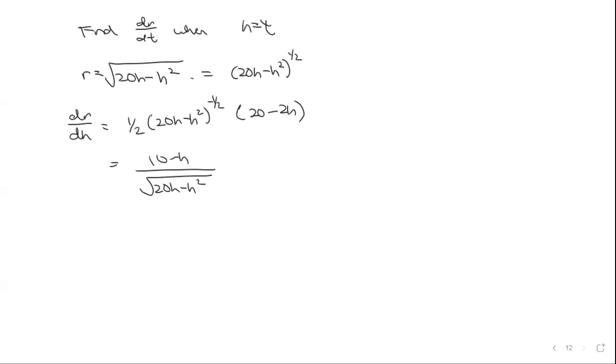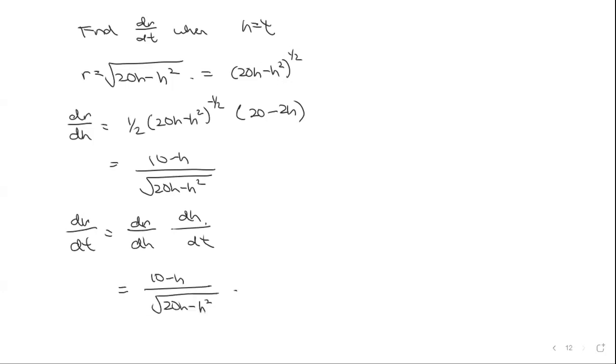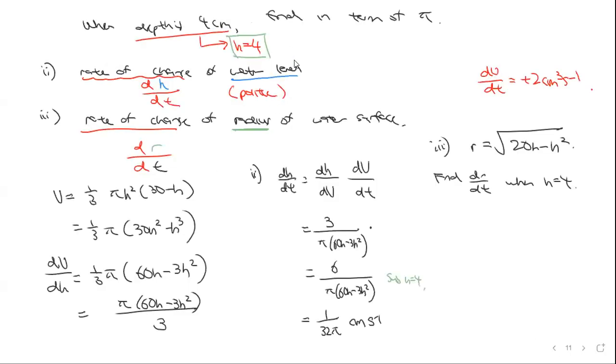Now you want to find dr/dt, which means it's going to be dr on the top, dt on the bottom. And right now, the only link you have is dh. So you've got dr/dh times dh/dt. Well, dr/dh you've already worked out from above. dh/dt you can write in this expression over here, 6 over that if you like.